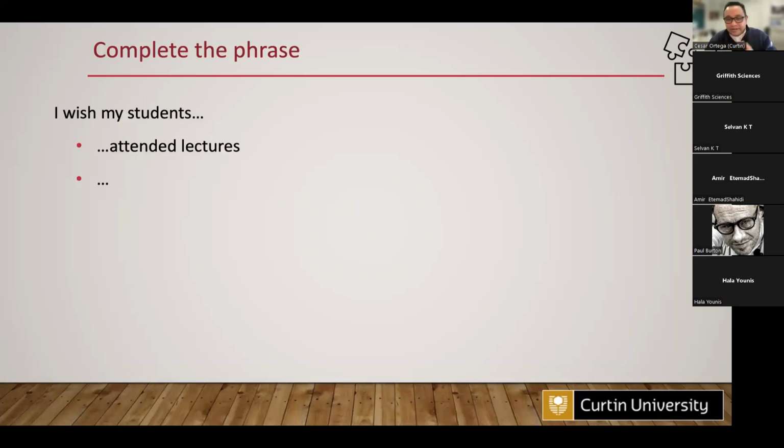For the sake of recording, I'm not going to run the activity, but people wish students attended lectures, asked more questions, took notes, were more engaged, gave priority to university life, knew how to work in teams, how to communicate. So there's a big wish list of things that we notice as academics. Some students lack many skills, abilities and knowledge.